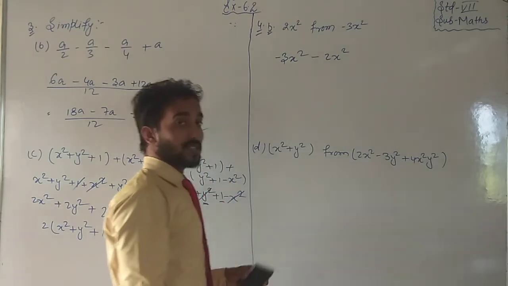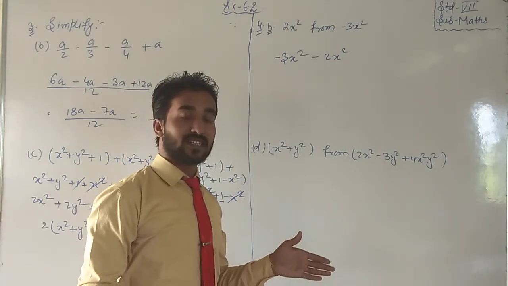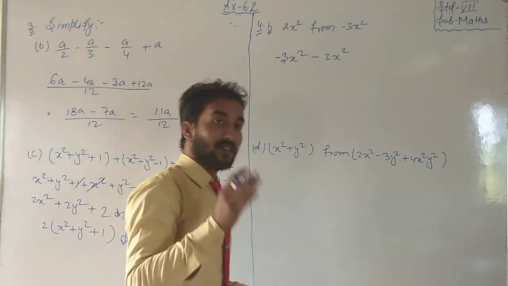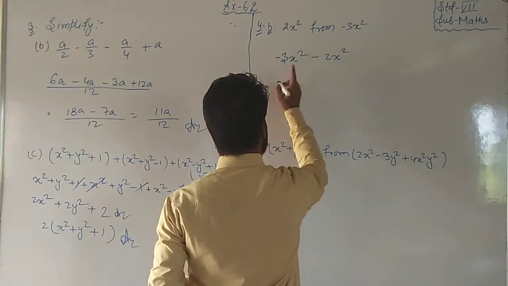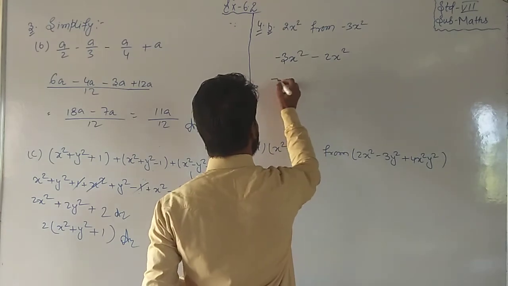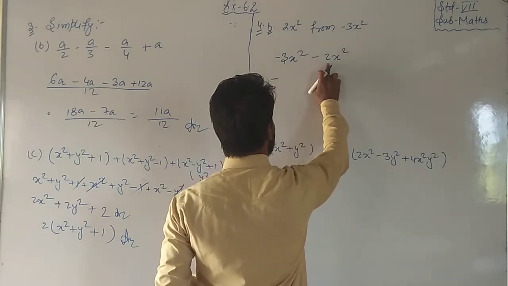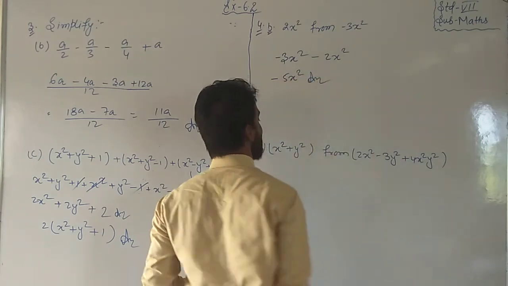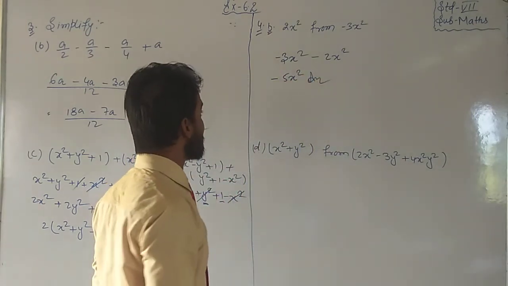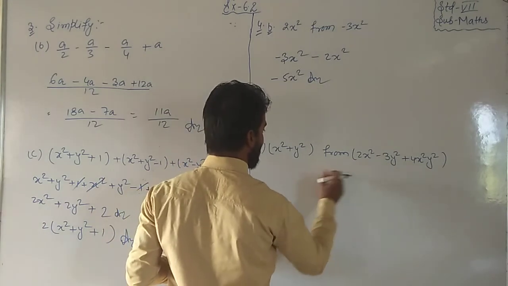Already it was said, students, when the same signs are there, it will be plus, but the sign stays as it is. So minus 3x square minus 2x square means minus 5x square. This is your answer.